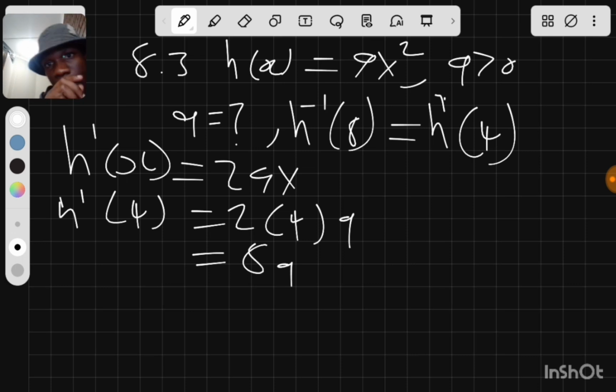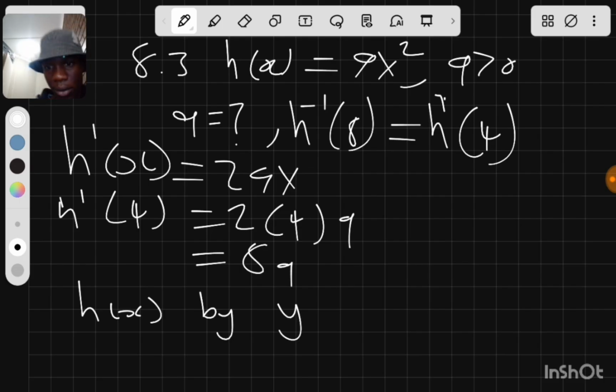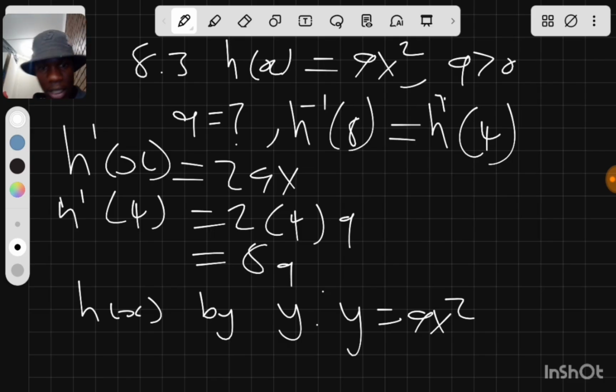Now we're going to find the inverse. For the inverse, I would like to replace h of x by y, which means y is equal to ax squared. What is important about the inverse is always swapping the values of x and y.